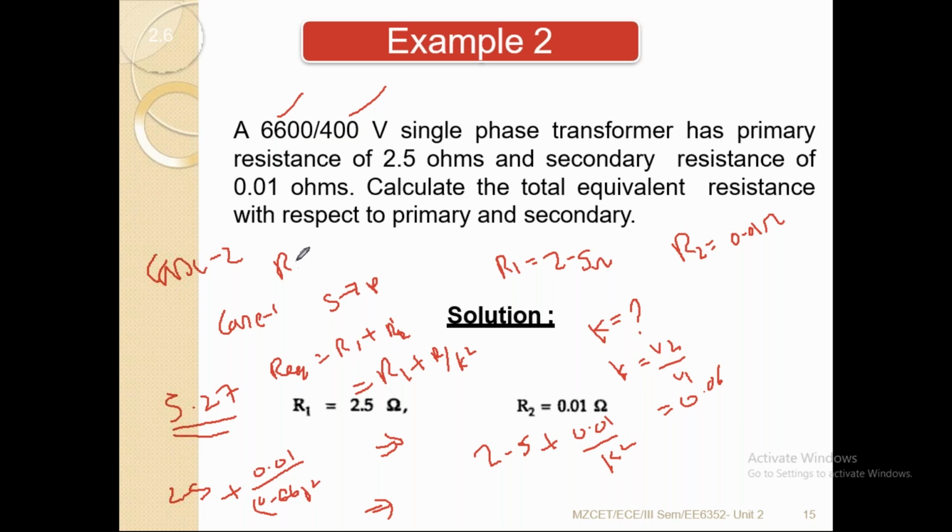For case 2, R1 K square plus R2. Then find the equivalent resistance here. 2.5 into 0.06 whole square plus 0.01. What is the equivalent resistance in case 2? What is the equivalent resistance for case 2?